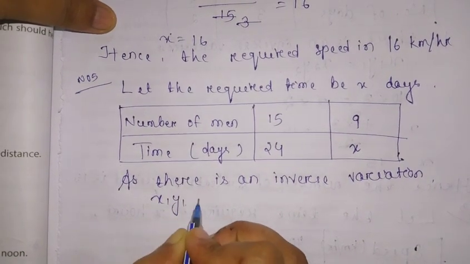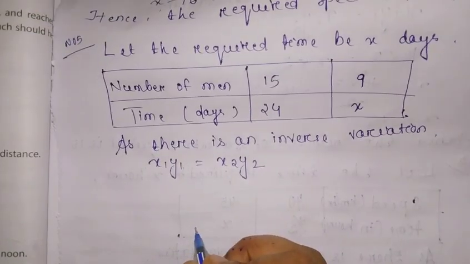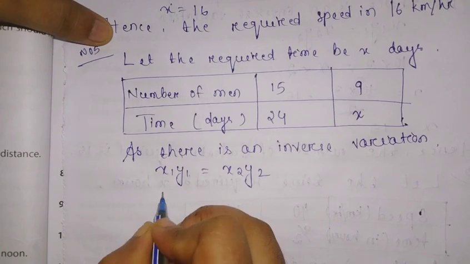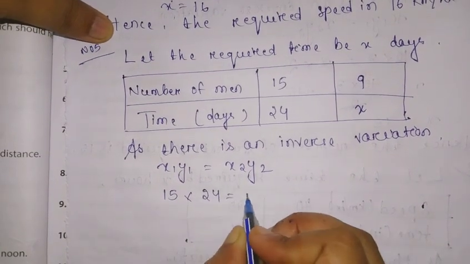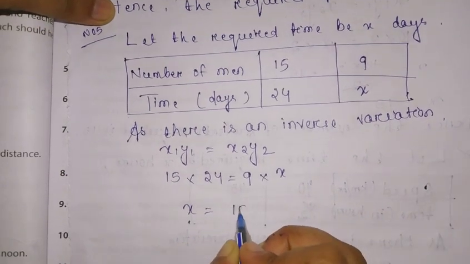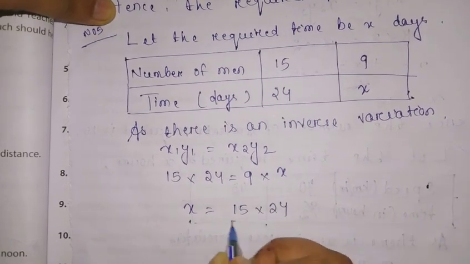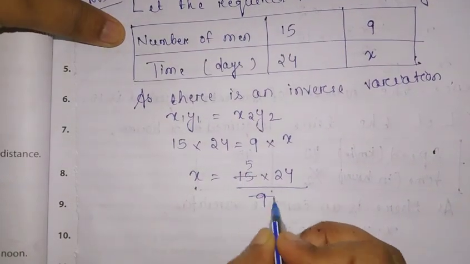x1 into y1 equals x2 into y2. Here x1 is 15 and y1 is 24. Then x2 is 9 and y2 is x. X equals 15 into 24 divided by 9. 3 fives are 15, then 3 threes are 9.